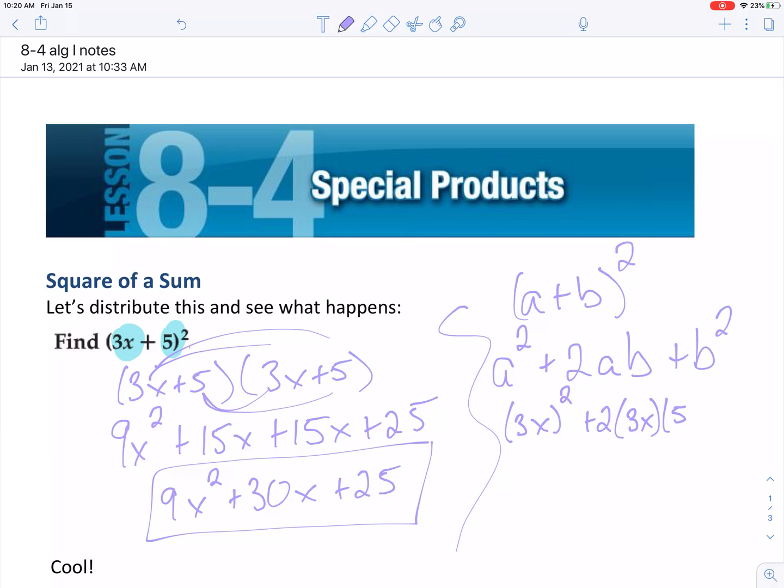So you need to put an extra 5 here, plus 5, and then square that. That's how you plug that in. And then just simplify. 3x quantity squared is 9x squared. 2 times 3 is 6, and 6 times 5 is 30. Plug on that extra x, that's 30x. And 5 squared is 25.